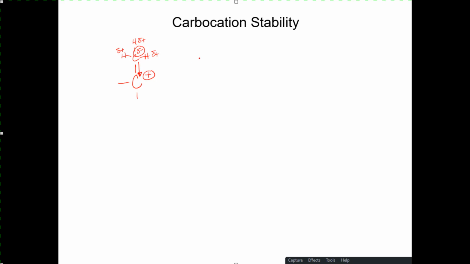Now, where's the threshold? A carbon with 3 hydrogens is going to be very unstable, so unstable that it's not going to form in solution.